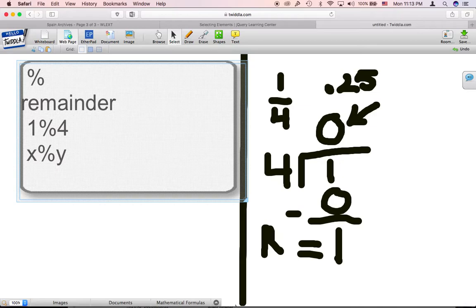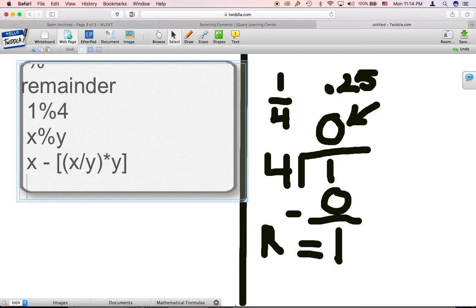You would say x, or 1, let's write it in the format first: x minus x divided by y times y, and that's our equation. So let's solve this for 1 modulus 4.